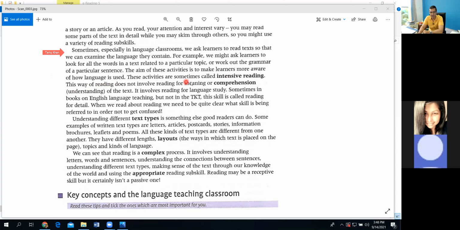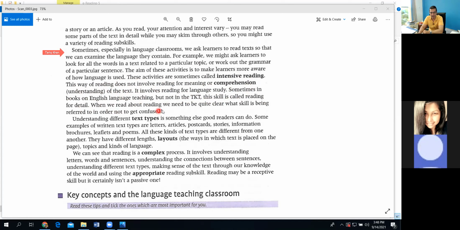These activities are sometimes called intensive reading. This way of reading does not involve reading for meaning or comprehension, the understanding of the text. Comprehension is understanding of the text, and we do comprehension reading. It involves reading for language studies, sometimes in books on English language teaching, but not in the TKT. This skill is called reading for details.